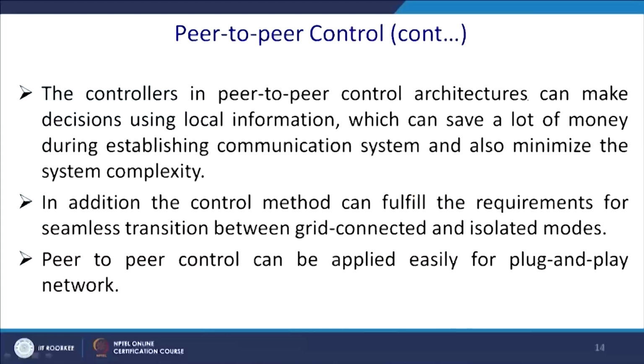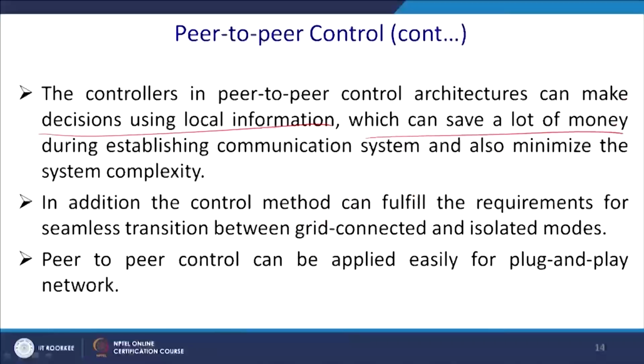The controller in the peer-to-peer control architecture can make decisions using local information. So, that is like taking information from the horse's mouth. So, you are not sending the data maybe kilometers apart, and thus it can save a lot of money during the establishing of the communication system and also minimize the system complexity, because it will talk in a local loop.